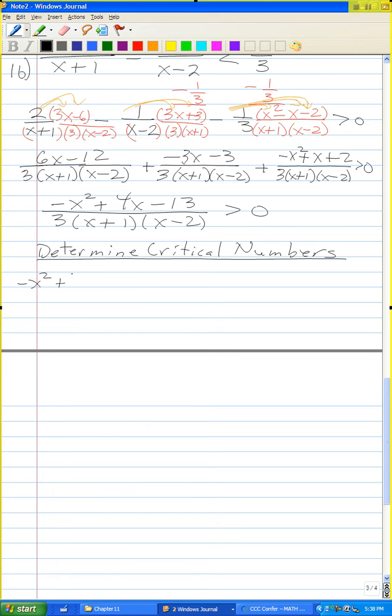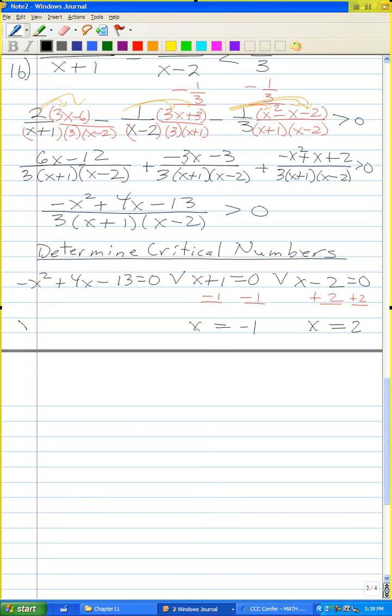Negative x squared plus 4x minus 13 equals 0. x plus 1 equals 0. x minus 2 is 0. Obviously, 3 can't equal 0. If I try to set 3 to 0, that's impossible. And so let's subtract 1 from both sides, add 2 to both sides. So I get x equals -1, x equals 2.